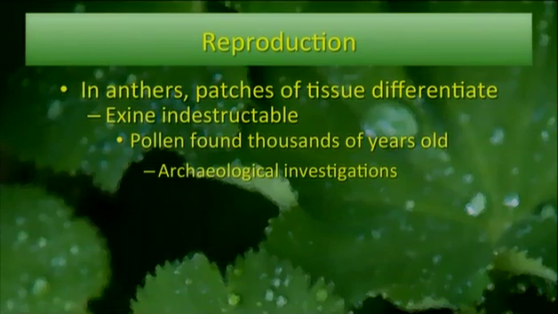So they can do pollen cores and find what kind of plants lived in a particular area at a particular time, so they can demonstrate succession, where one kind of vegetation takes over from another kind of vegetation. Another thing, pollen is used in archaeological investigations, so it's very important for archaeological investigations.